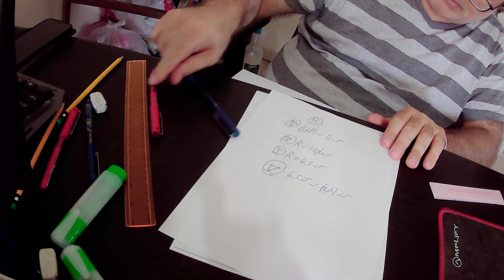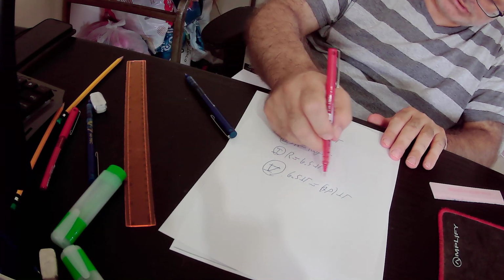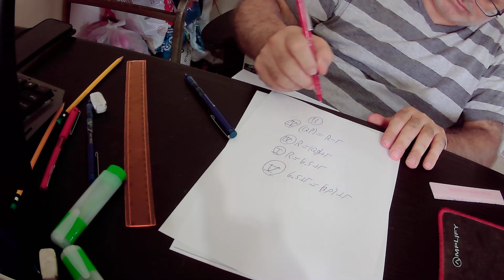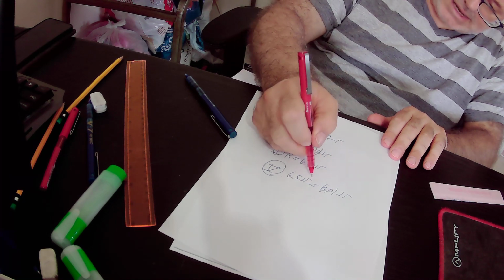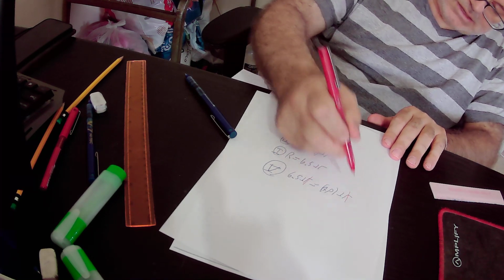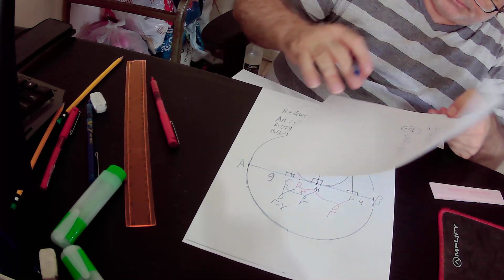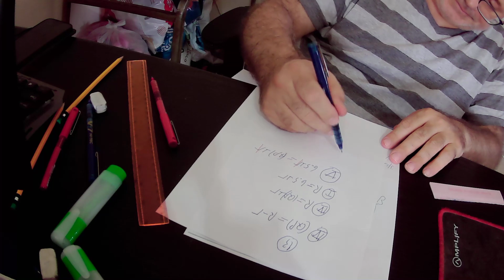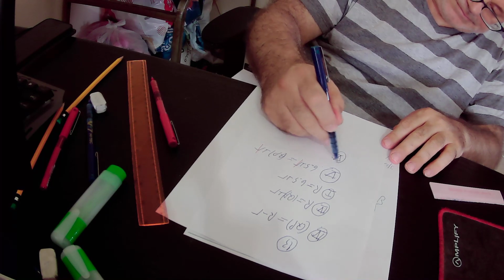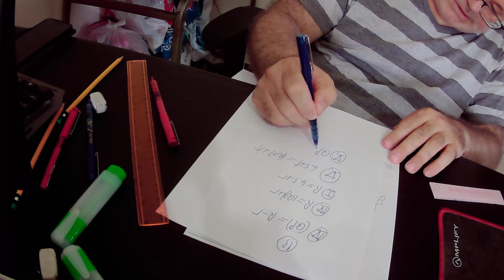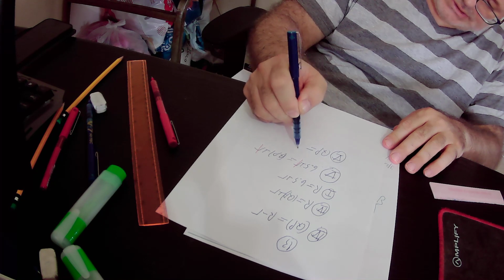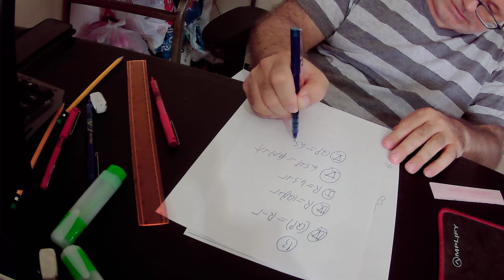Here we have r on this side of the equation and r on the other side, so we can cancel r. After we cancel, we get that the value of QP is equal to 6.5 units.